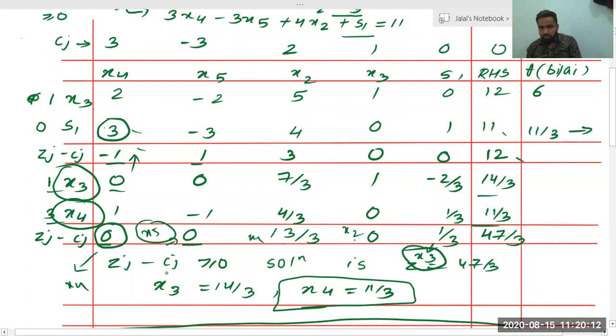Is it right what I've written? Yeah. Now what I want you to see is, if x4 is coming out in the equation, x5 will automatically be equal to 0 because it is not there in the equation. So always remember, the Zj minus Cj of one of the values having unrestricted nature will automatically be equal to 0. This is bound to be 0. Always remember this thing.